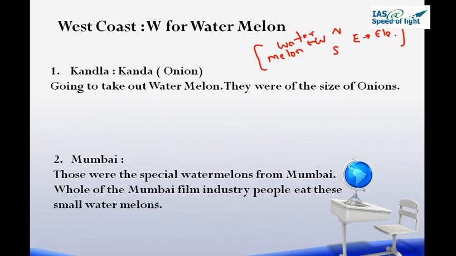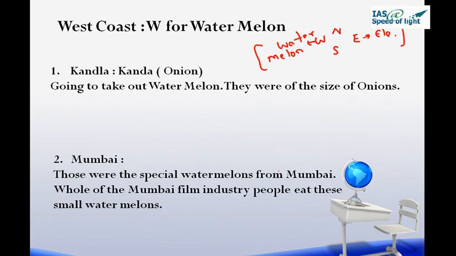So Kandla becomes Kanda, and this is the first stop for our journey in remembering the western coast seaports. So Kandla becomes Kanda, and you're going out to buy a watermelon. W is for west and W is for watermelon.